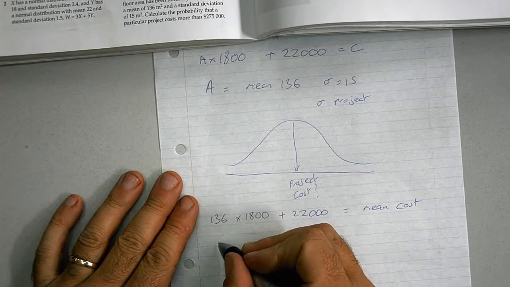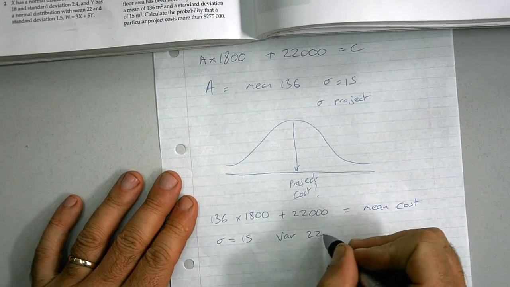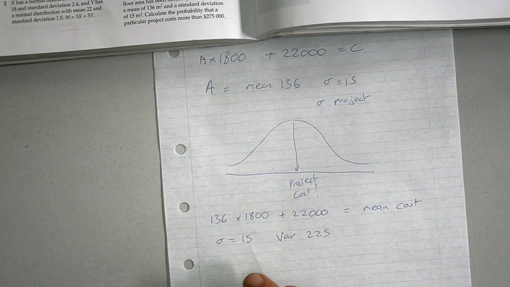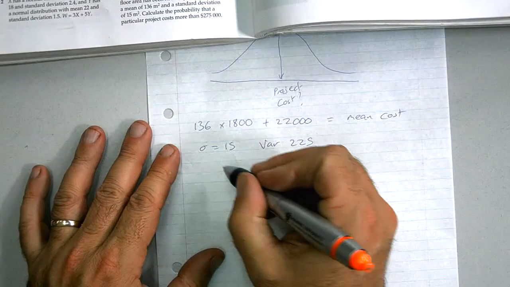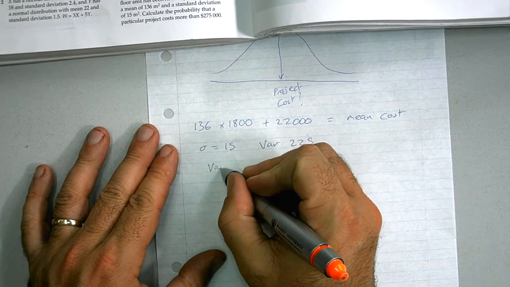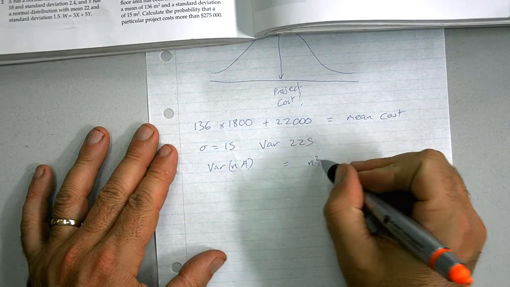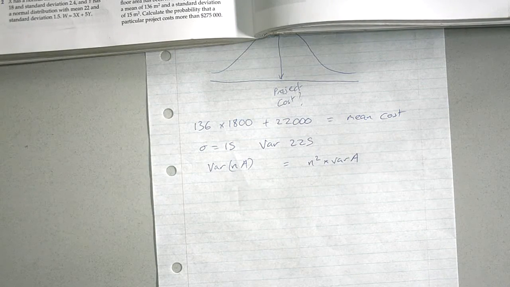Now if sigma is 15, then the variance is 225, because the variance is the square of that. 15 squared is 225. We know from our formula sheet that we talked about yesterday that the variance of nA is n squared times the variance of A. Hopefully you remember that.